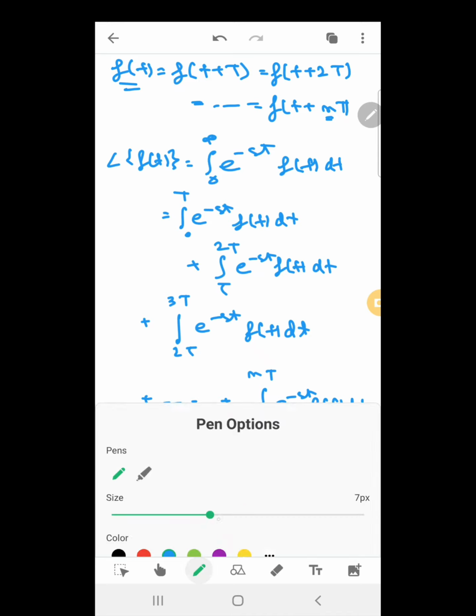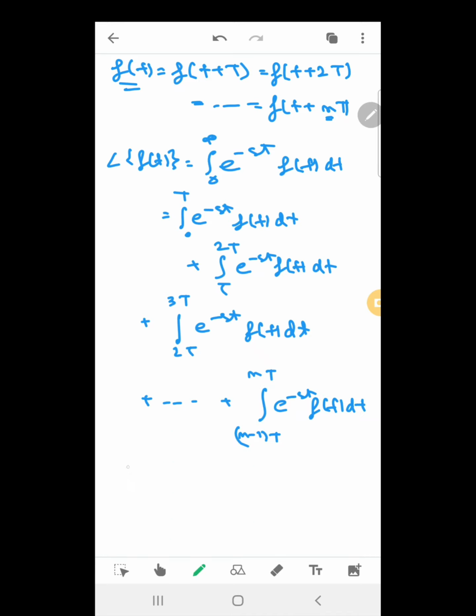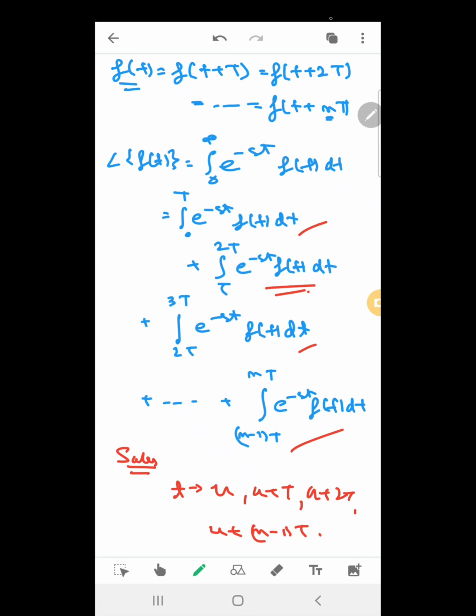So we will substitute t with u in the first integration, u plus T in the second integration, u plus 2T in the third integration, and so on, u plus n minus 1 times T in the nth integration.